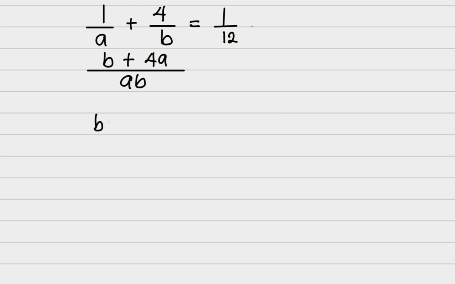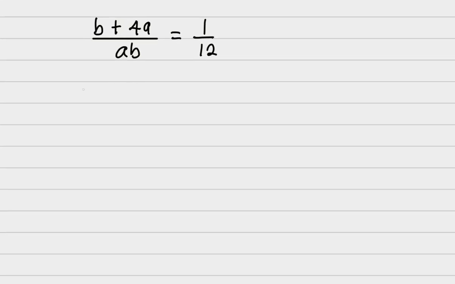Now I have B plus 4A all over AB is equal to 1 over 12. Then I cross multiply so that I'm going to have AB equal to 12 into B plus 4A.